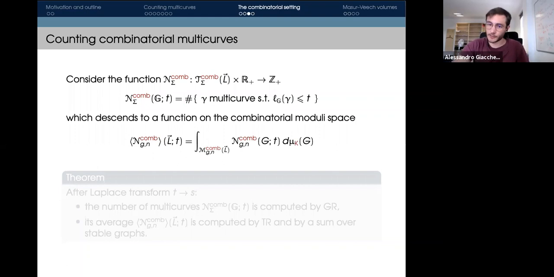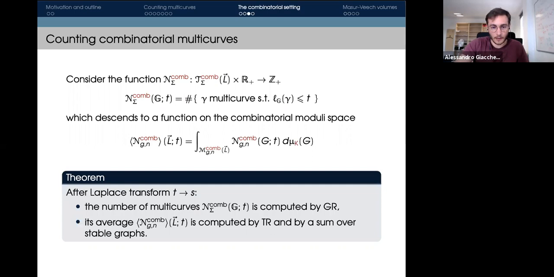And using exactly the same argument as before, we were able to show that the Laplace transform with respect to this cutoff variable t is computed by geometric recursion. And if you also integrate this against the Kontsevich form, this average number of combinatorial multicurves is computed by topological recursion and as a sum over stable graphs.